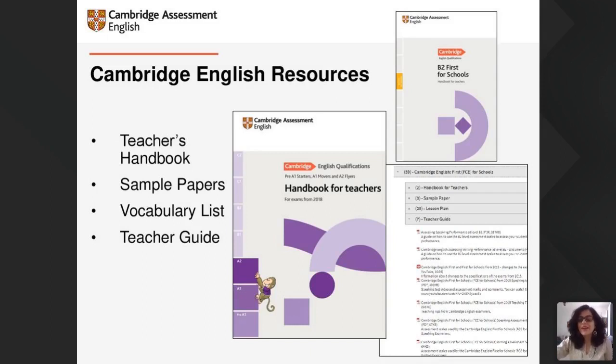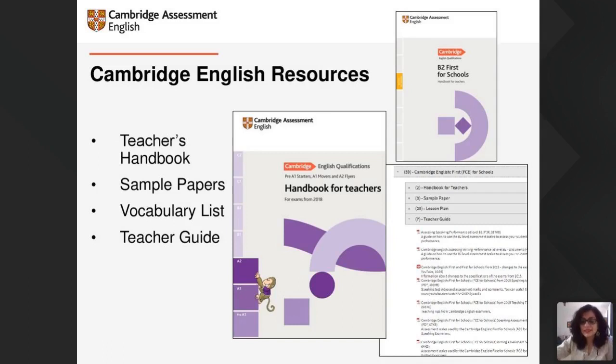Then we have to acquaint ourselves with the sample papers. There's the vocabulary list, especially if we are looking at Young Learners English, because we have to make sure that the students are familiar with the lexical sets that are prescribed for that particular exam. And finally, we have the integrated teacher guide. And you can see over here, if you look at this screenshot, it is actually a shot of the website.